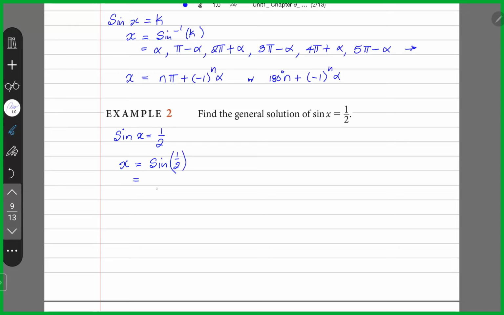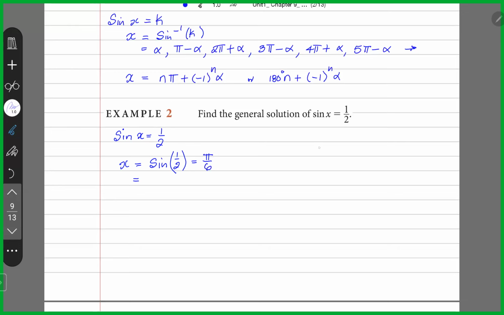In the first quadrant, sine inverse a half is pi by 3. So that is important. Let me not write it here. It's pi by 3. So the answer in the first quadrant is pi by, not pi by 3, pi by 6, because it's 30 degrees. Pi by 6, that's the answer in the first quadrant.